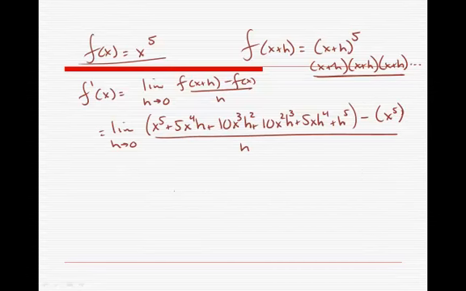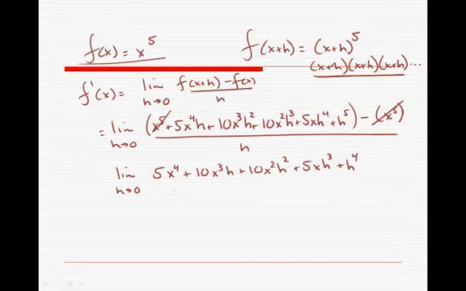Doing our cancellation, x to the fifth minus x to the fifth leaves us with all of this, and if I divide all of my numerators by h, I am left with 5x to the fourth plus 10x cubed h plus 10x squared h squared plus 5x h cubed plus h to the fourth.